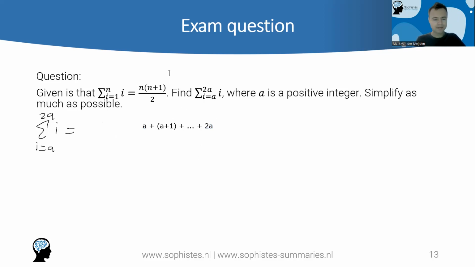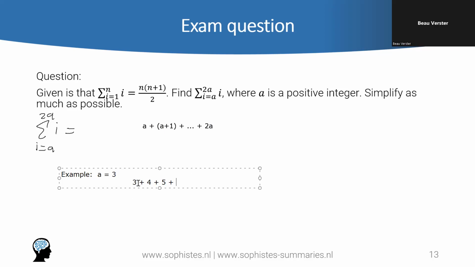So for example, if a is 3, then it would look like this: 3 plus 4 plus 5. And at which number does it stop? Six. Yes, very good. So in this case, it would be 18, if the a would be 3.